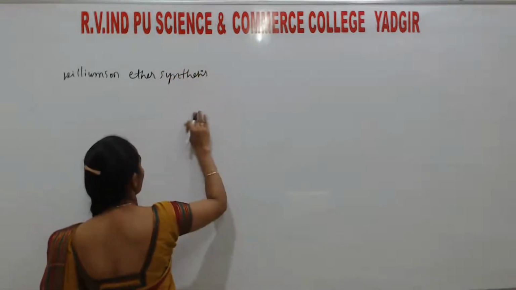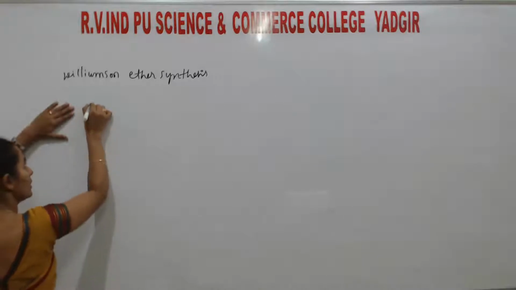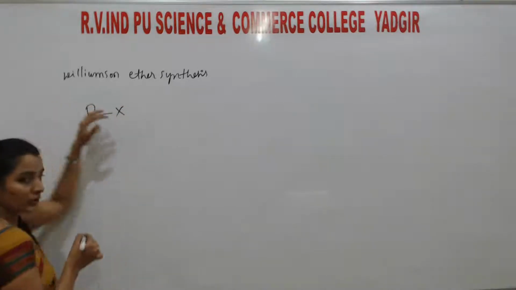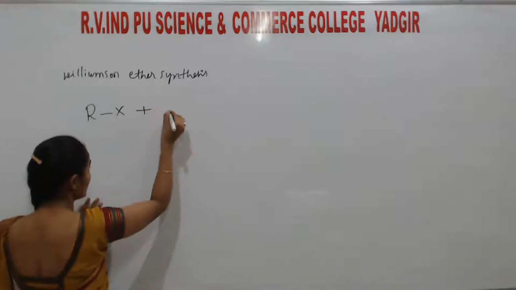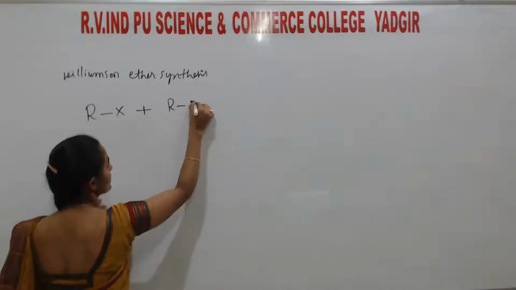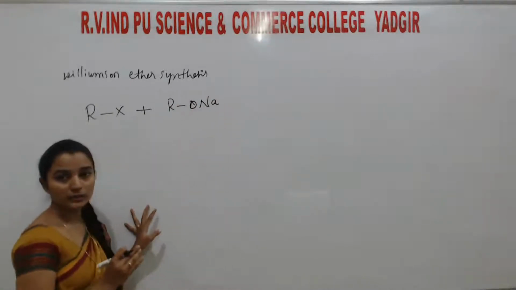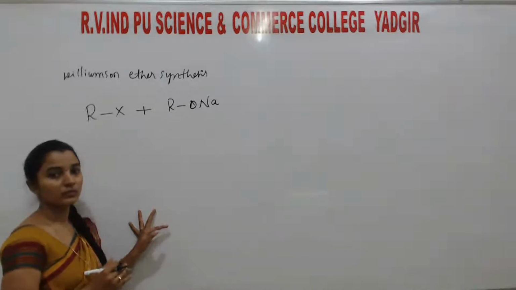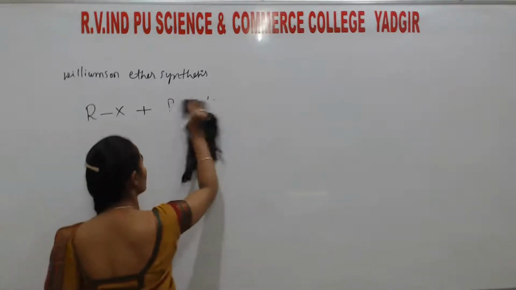So students, here the alkyl halides we are going to take. These alkyl halides are going to react with sodium alkoxide compounds. Sodium alkoxide. Okay? So listen. I just reverse this.